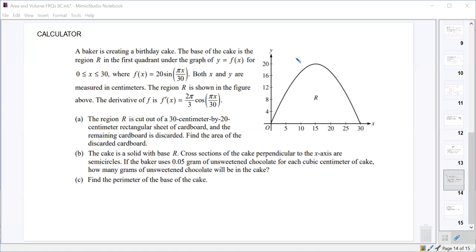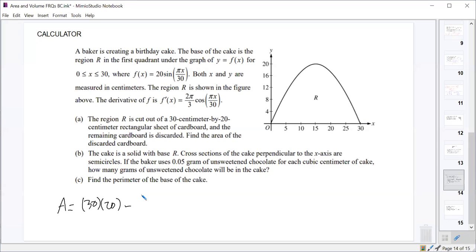We want to find the area of the discarded cardboard. So first off, our area should be the entire thing, which is 30 by 20, minus whatever the area of region R is.